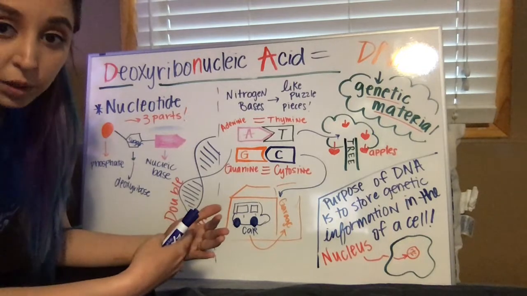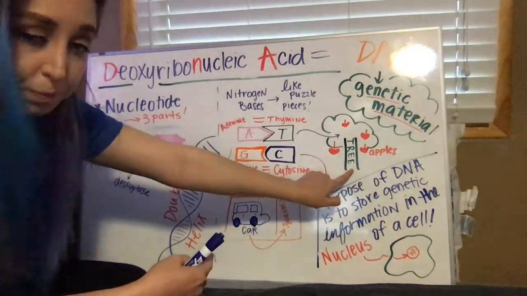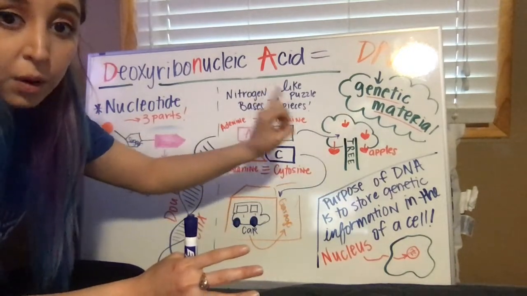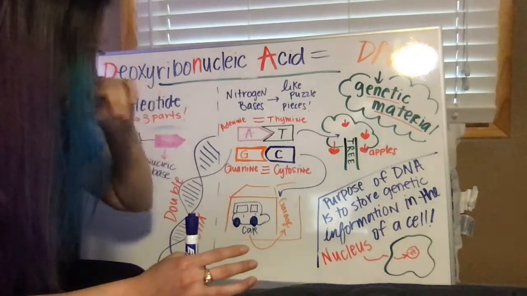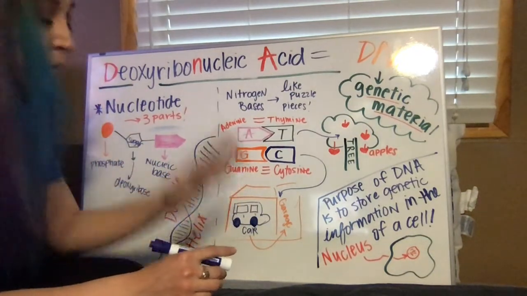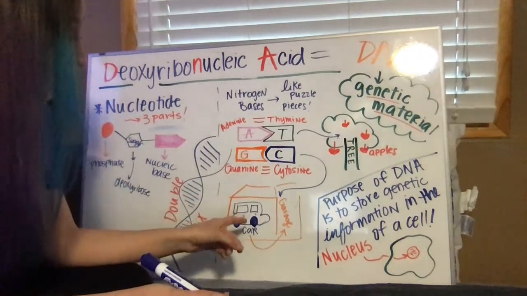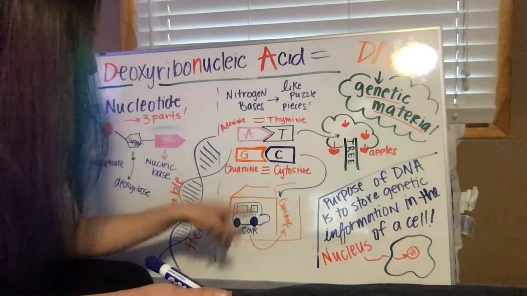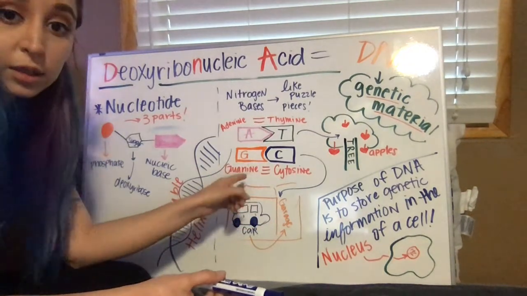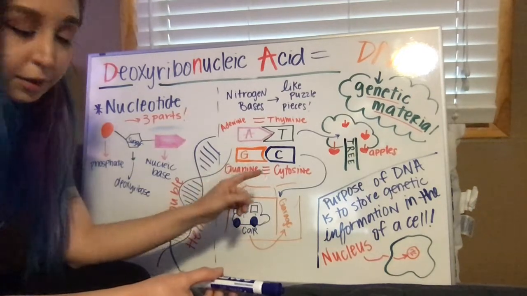The easiest way to remember this is that apples come from trees. Apples will always come from trees. Adenine will always pair with thymine. The second pair will be guanine, always pairing with cytosine. The way I remember it is that cars, or C, go in the garage, G. And every time, guanine and cytosine will always be together.